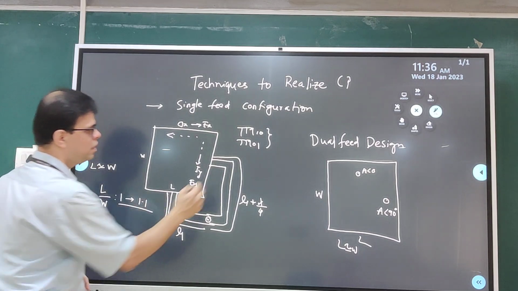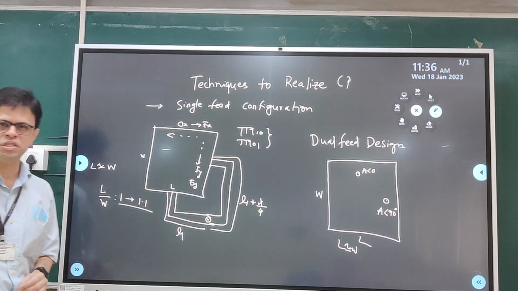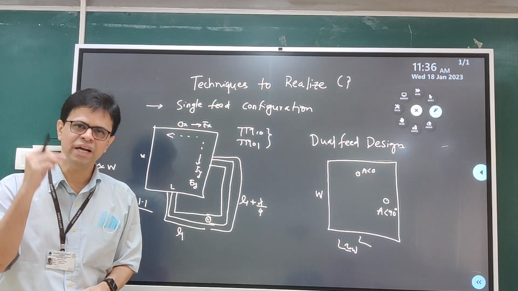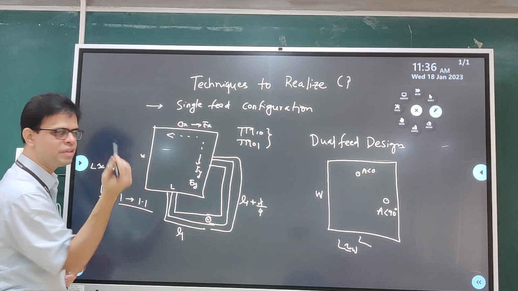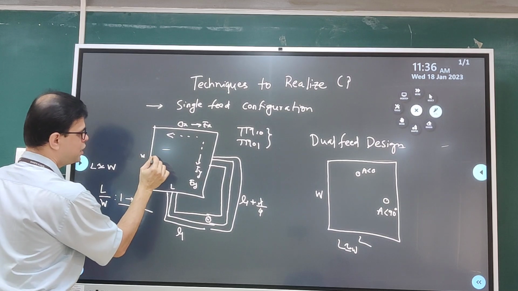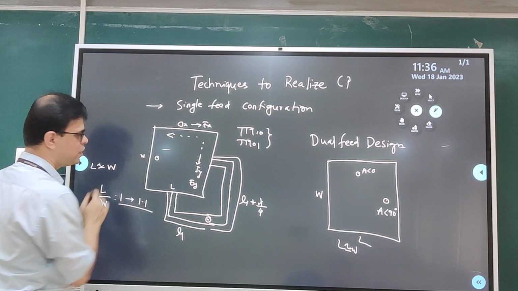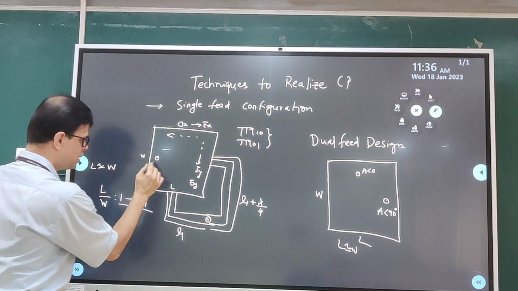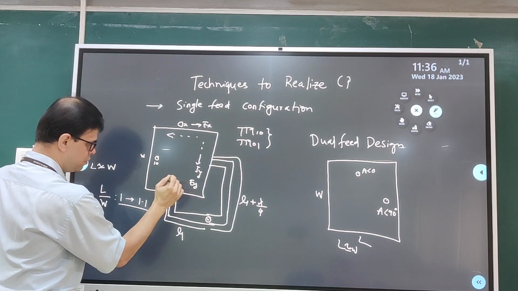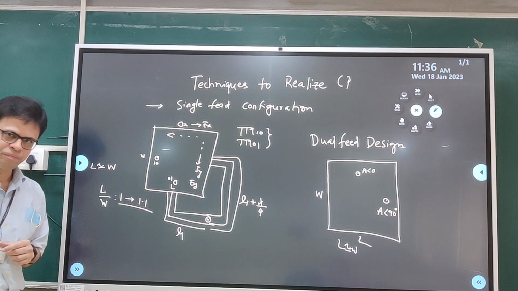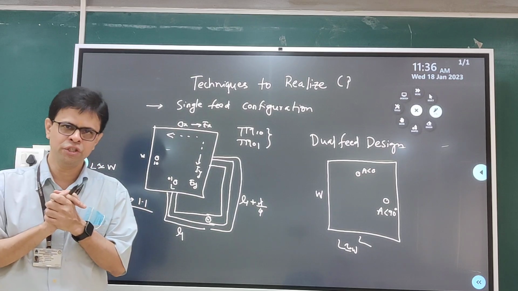So here I am choosing the feed locations such that it will excite both the modes. Just to compare with linear polarized: in a linear polarized antenna, either I will excite it over here, which will excite the 1-0 mode, or I will excite it over here, which will excite the 0-1 mode. Just for clarification purposes.